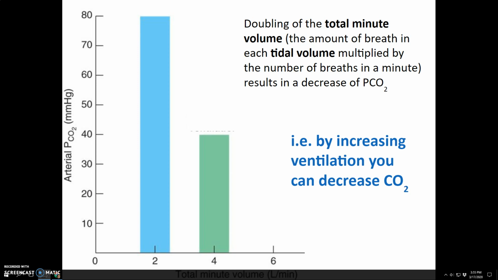CO2 and H+ are floating around in plasma, and they can be sampled. O2 is found bound to hemoglobin inside red blood cells, and so it's not able to be detected as easily. It is detected eventually when the levels get very, very low, but at the outset it's really not.